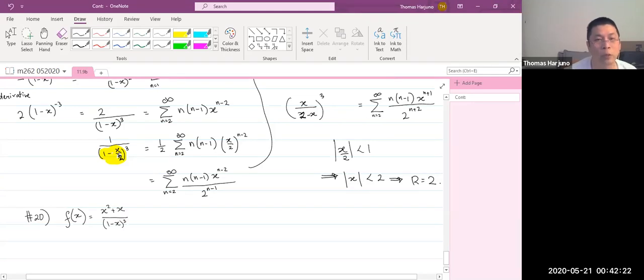Now, notice that we already have that. We already have this guy here. So 2 over 1 minus x cubed, we already know. That's the series n times n minus 1 x to the n minus 2, from n equals 2, not from 0 to infinity.